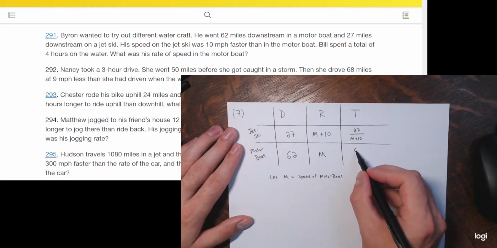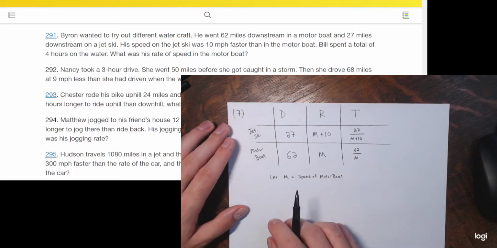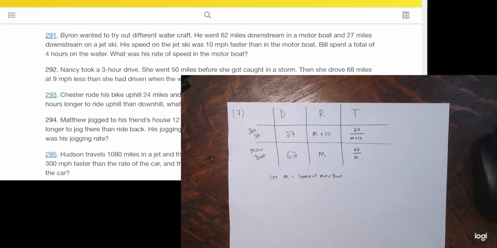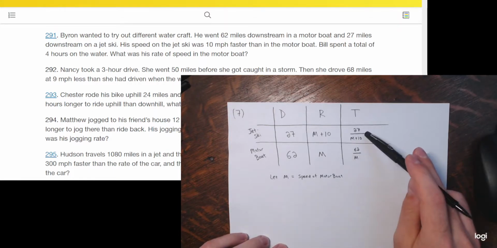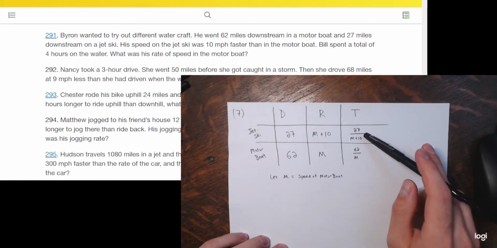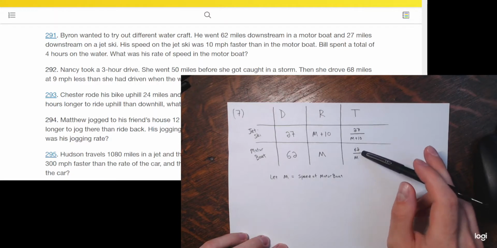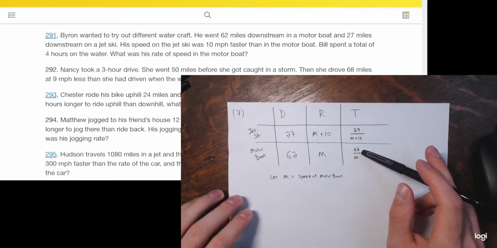And here 62 divided by m. And at the very end it says, Bill spent a total of 4 hours on the water. So again, we're adding the times, right? The time in the jet ski plus the time in the motorboat should be 4 hours.